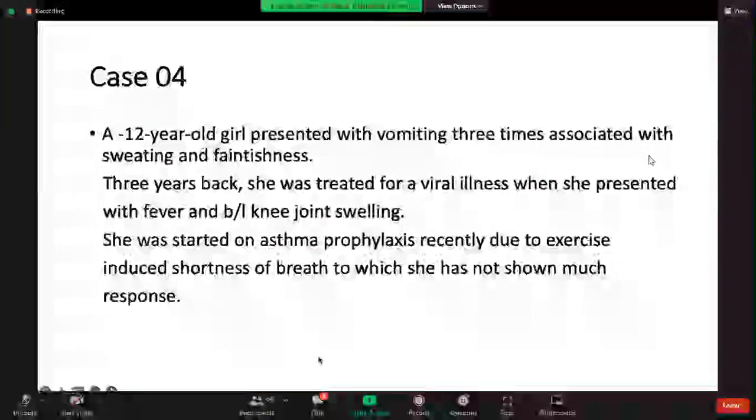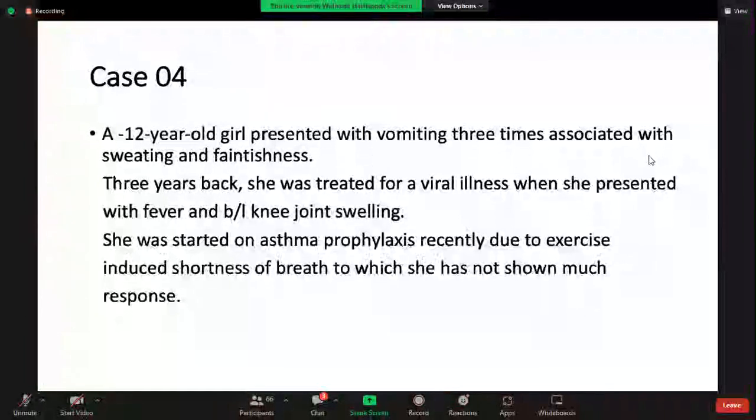So this child, 12-year-old, presenting with vomiting. So on examination, there's a cardiomegaly. Apex is in the 6th intercostal space in the anterior axillary line. And so she has a hepatomegaly of 2 centimeters. So how would you manage this child?